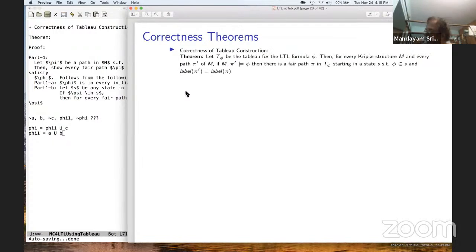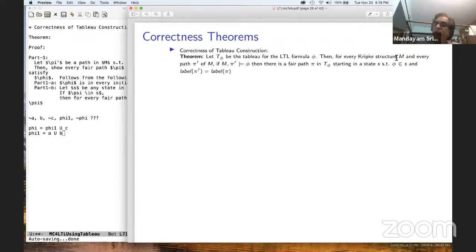So, two main correctness theorems. I will state the theorems now and illustrate the whole thing, and if there's interest and I have time, I will maybe discuss a little bit more in the next class. So here is the main theorem that actually formalizes this notion of construction of the tableau. Let T phi be the tableau for the LTL formula phi.